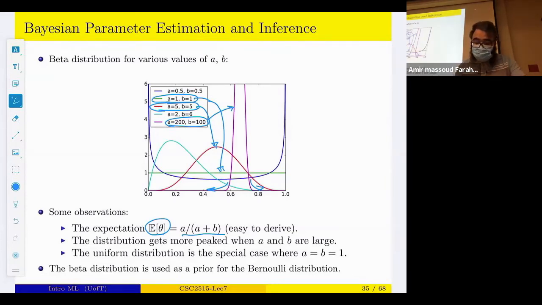The other is that the distribution gets more peaked when A and B are large. We see it in the purple curve. And the uniform distribution is the case where A and B are equal to 1. So this distribution is flexible enough for our purposes to incorporate our prior belief about theta. So we use this beta distribution as a prior for the Bernoulli distribution.